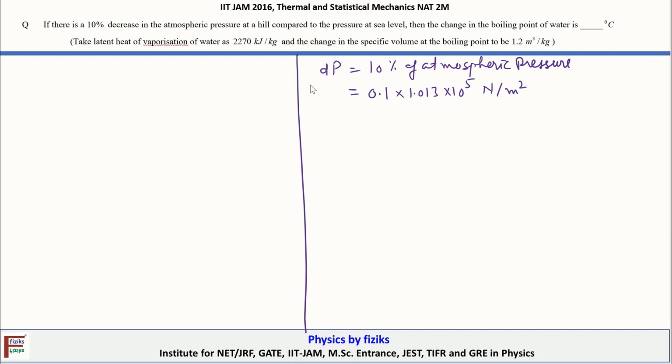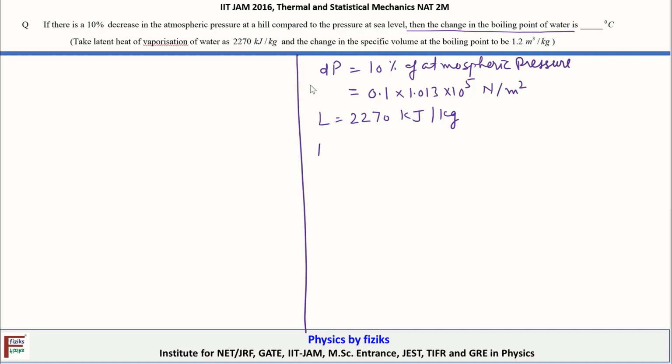Next, the statement: the change in boiling point of the water. So we have to find out the change in boiling point of the water, which means we have to calculate the dT basically. The information given to us is the latent heat of vaporization, which is equal to 2.70 kilojoule per kg, and the change in specific volume at the boiling point.